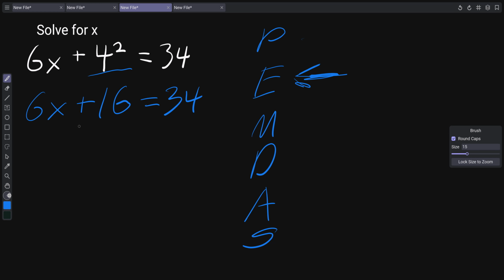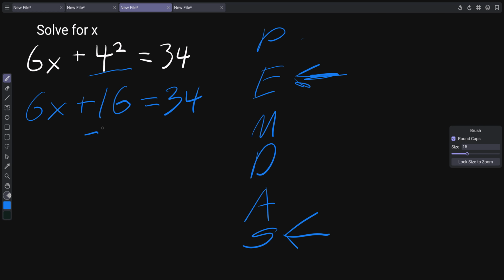And now, since there's no simplifying we could really do on either side of the equation, because remember, simplifying, when you go in the normal order of operations, you're just working on one side of the equation. But since there's no real way to simplify 6x plus 16, and we're trying to solve for x, now we're going to work backwards. So now we're going to start with subtraction.